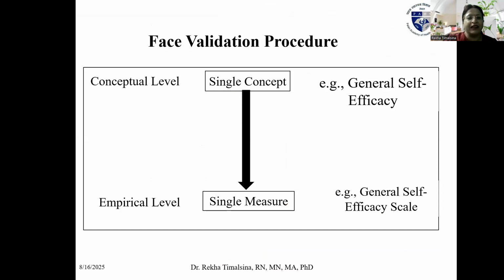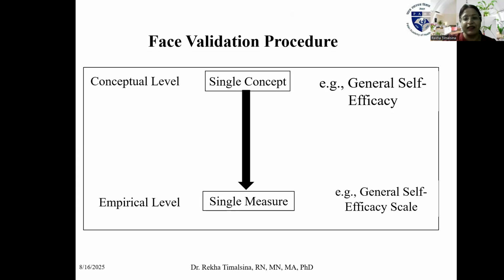As we can see in this figure, when evaluating face validity, experts or participants judge whether an item appears on the surface to measure what it claims to measure. For instance, we consider general self-efficacy as an abstract construct. At the conceptual level, it is typically measured using the general self-efficacy scale, which yields general self-efficacy scores at the empirical level.